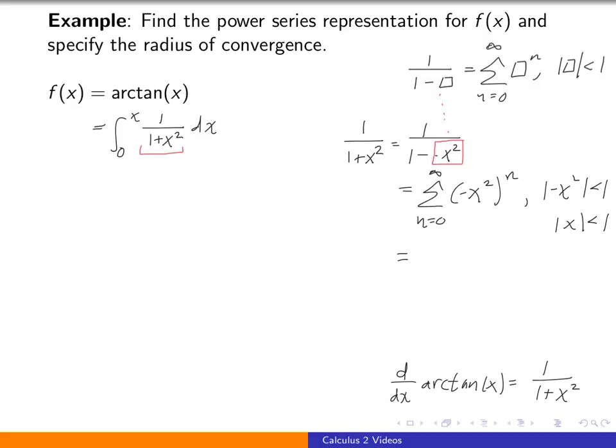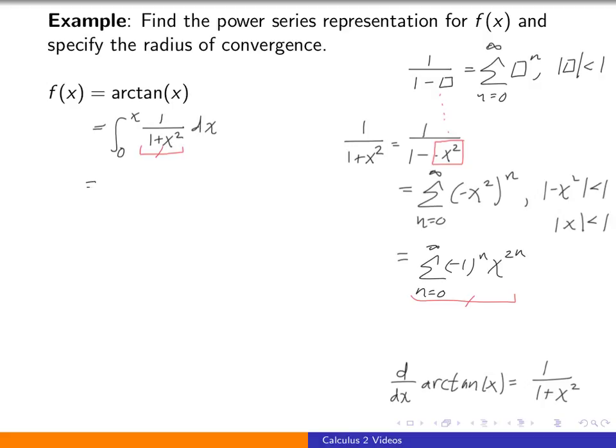Simplifying just a touch, the minus gets hit to the n and the x squared gets raised to the n. So this can be written as the sum from n equals 0 to infinity of minus 1 to the n, x to the 2n. And now we can take this and plug it inside the integral for 1 over 1 plus x squared.